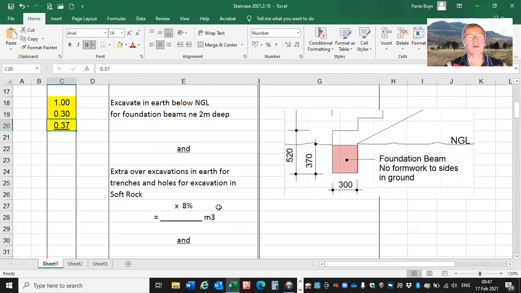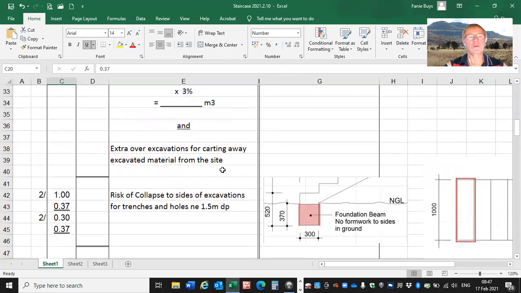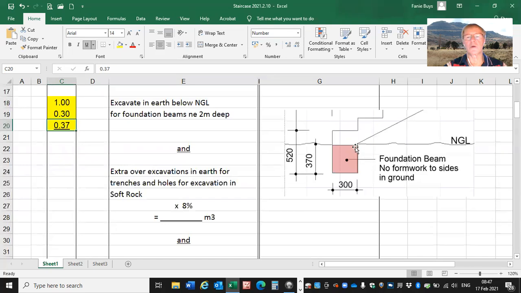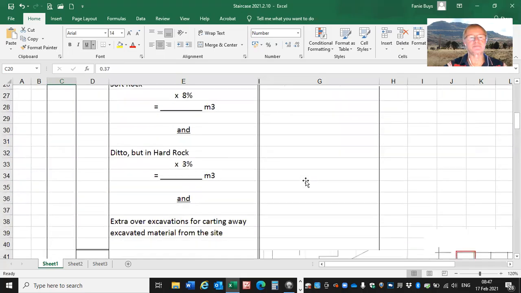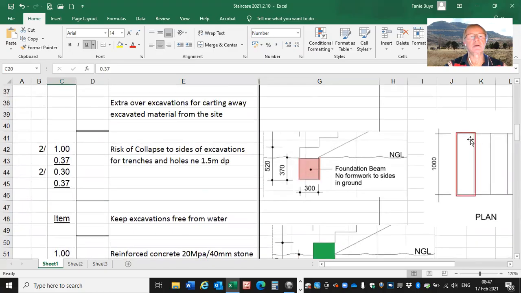And we're going to add the excavation for soft rock, also the excavation for the hard rock, and also the carting away of the excavated material, because all that material will be carted away. There's no backfilling for this excavation. Then we move on to the risk of collapse to sides of excavations for trenches and holes not exceeding 1 meter deep.